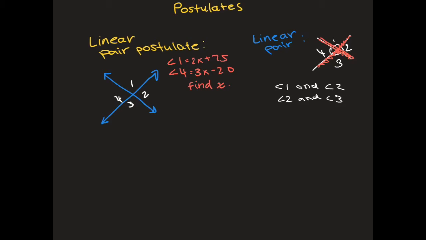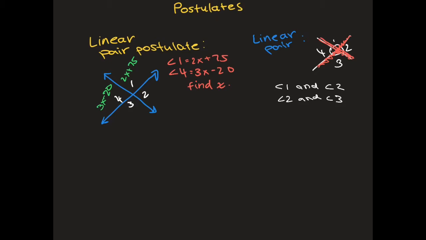The first step to solve one of these problems is to plug in the information you're given. So we'll put angle 1 as 2x plus 75 and angle 4 as 3x minus 20. As you remember from our linear pair explanation, you have to ask yourself whether angle 1 and angle 4 come together to create an entire supplementary line.